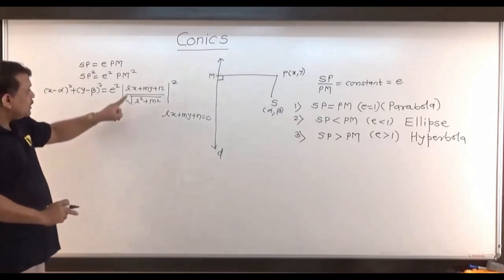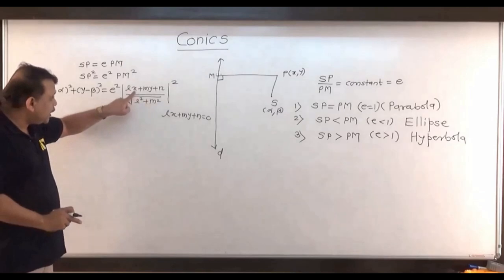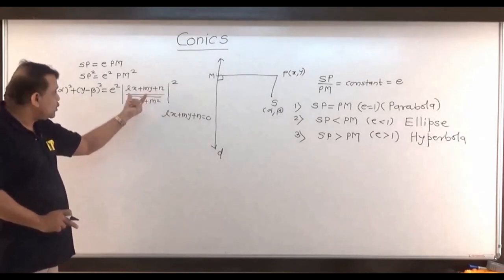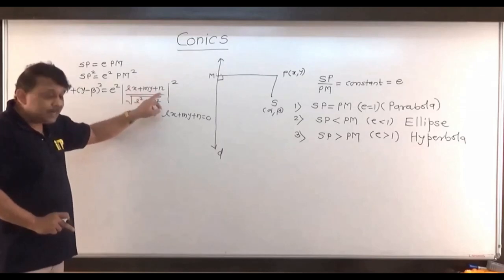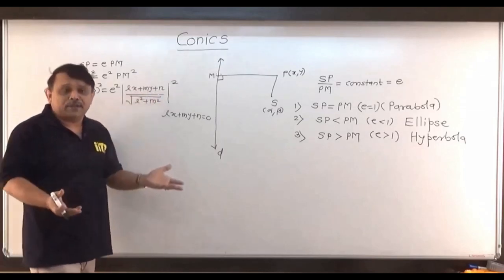Similarly, if I expand this, I will get x square, y square, constant, then the xy term also, then the term in x, the term in y and the constant.